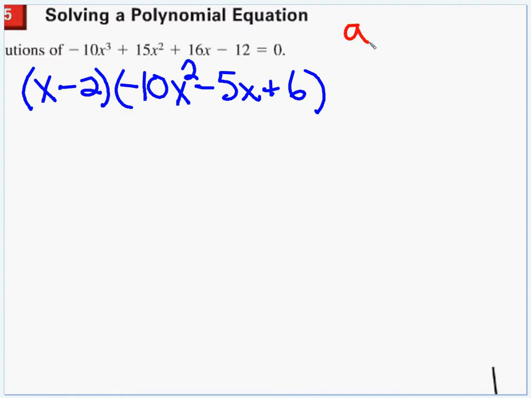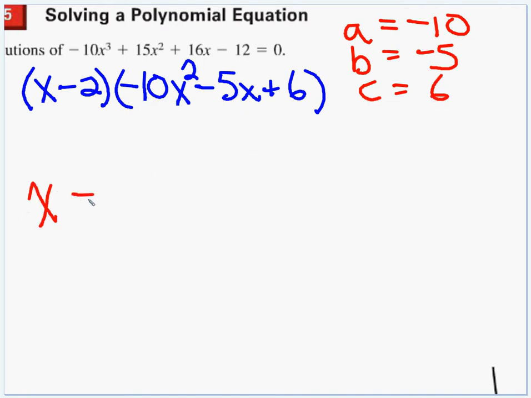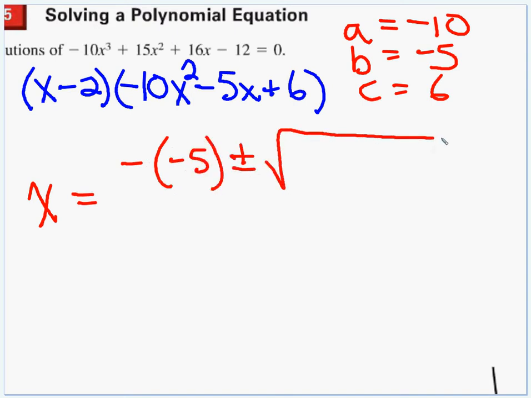Our a value is negative 10, b is negative 5, c is 6. The quadratic formula says x equals negative b plus and minus the square root of b squared, which will be 25, minus 4 times AC.